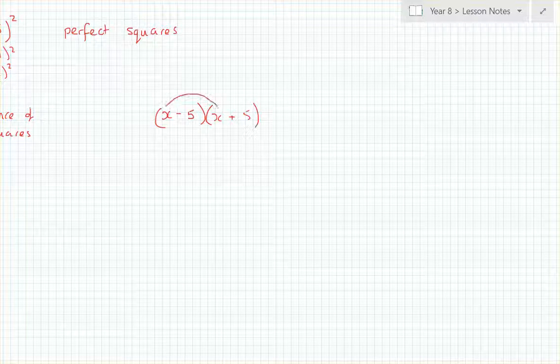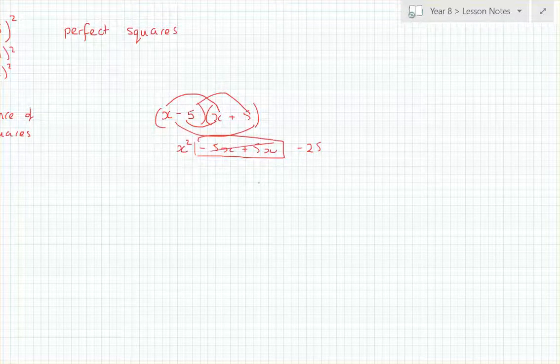So if I multiply that out, x times x is x squared, minus 5x, plus 5x, minus 25. Now obviously minus 5x plus 5x ends up being 0, and we have x squared minus 25. Right? Now that is a very, very useful thing to remember when you need to factorise, when you need to go back the other way. Again, it's not a problem for you at the moment, but I'm kind of putting the seed into your brain.